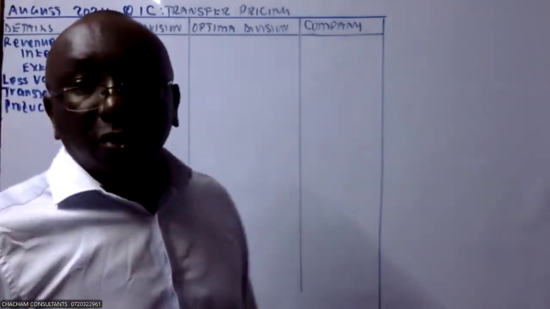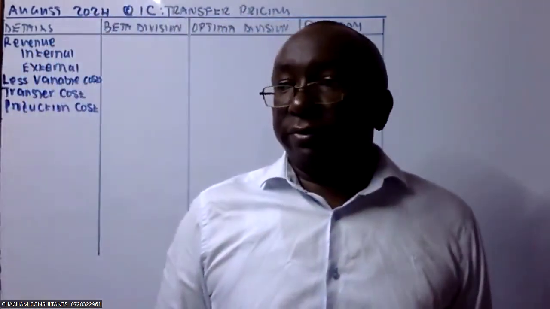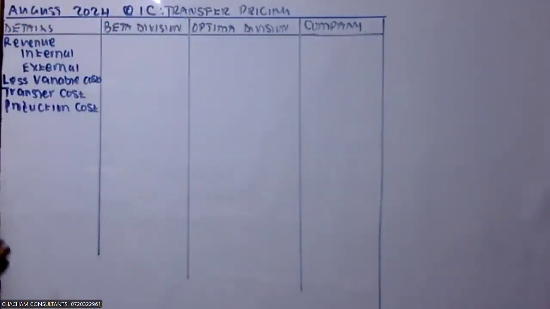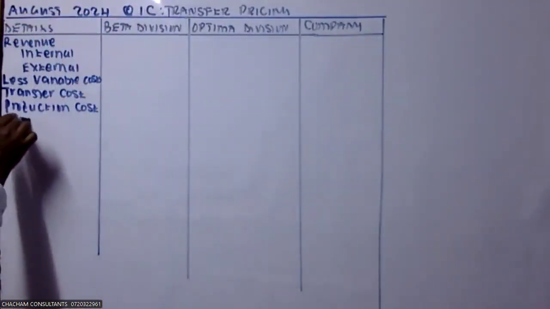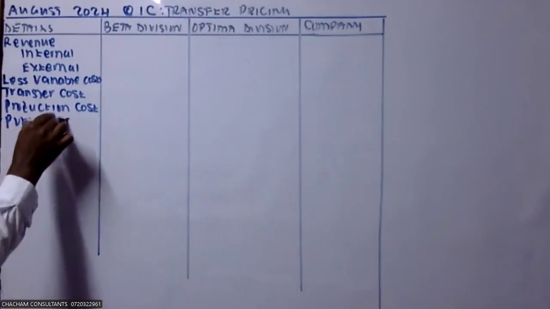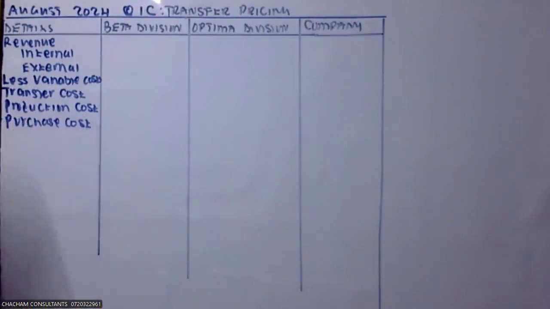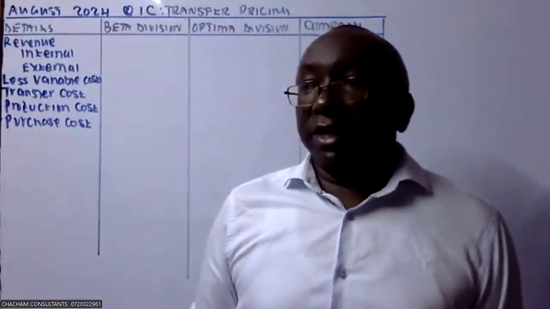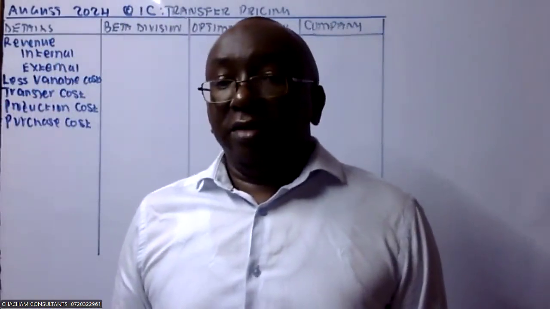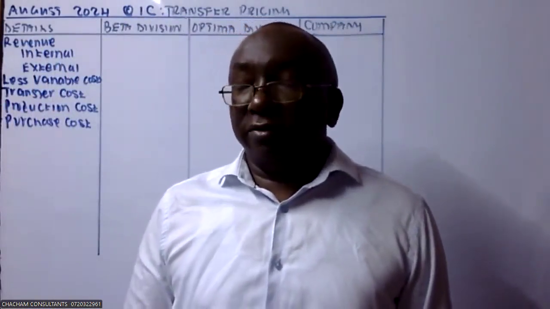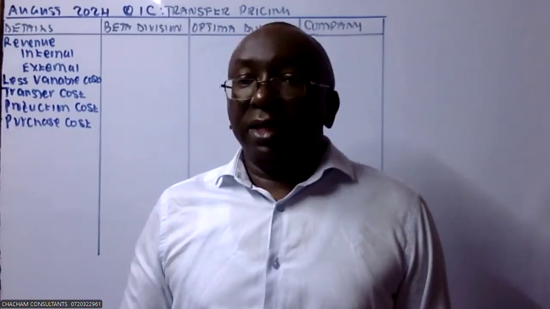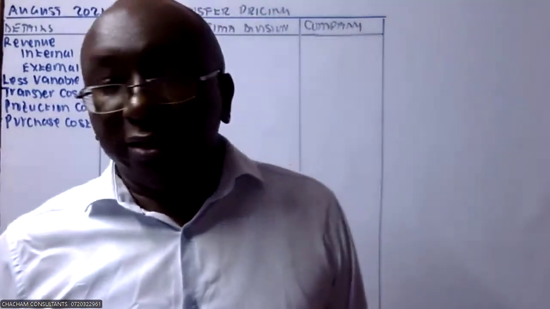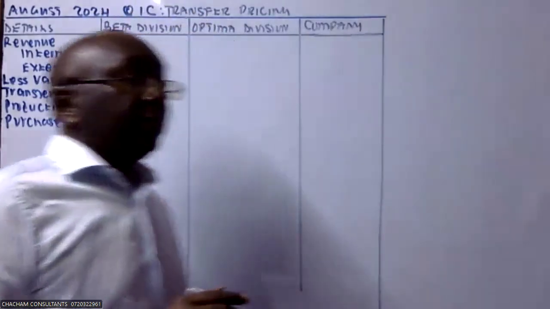Number three is purchase costs. Purchase cost is not a must to be present. It is only present if the receiving department is buying something from outside. But if they are not buying, that is not present.